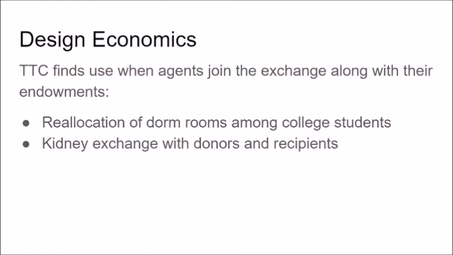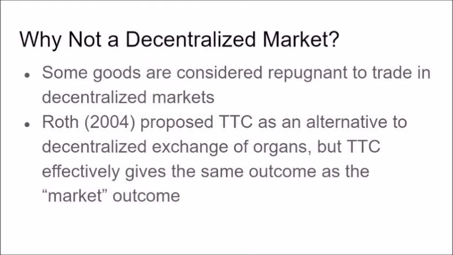When a kidney recipient joins the kidney exchange, they are simultaneously bringing their own tissue into the exchange and seeking some for themselves. So top trading cycles finds use in the market for kidneys, but it does raise the question, why would we not use a decentralized market to trade kidneys? And in some countries, there is a legal market where kidneys can be bought and sold for cash.